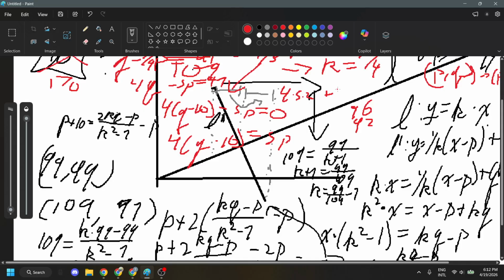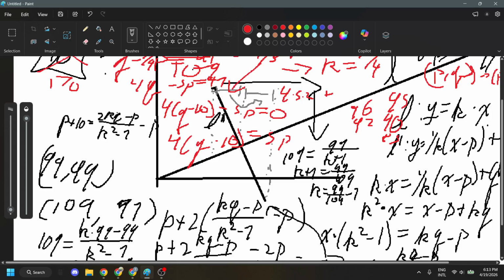So Q must be divisible by 5. So Q must be 95, 90, 85. So 9. What's the?